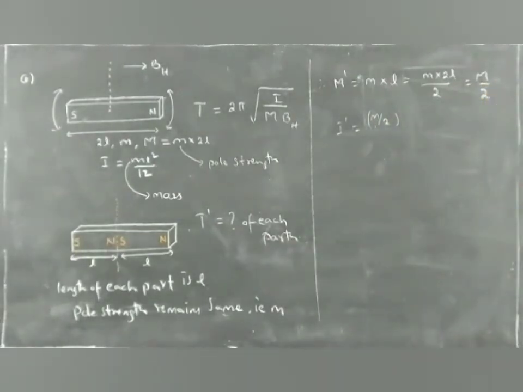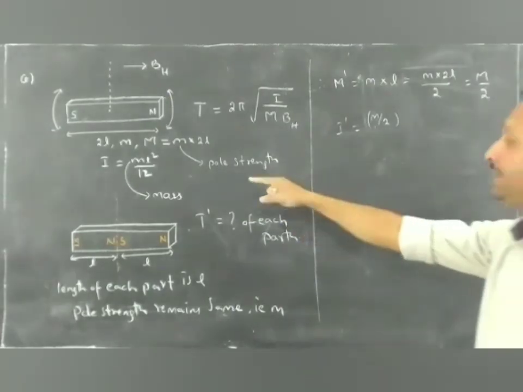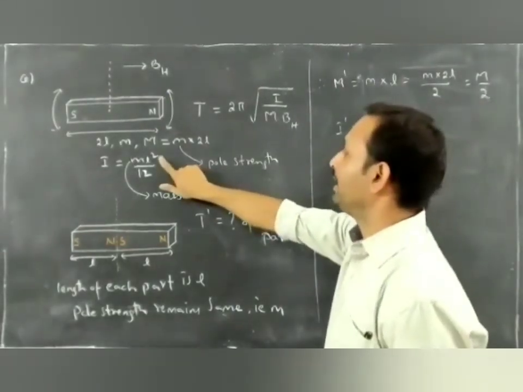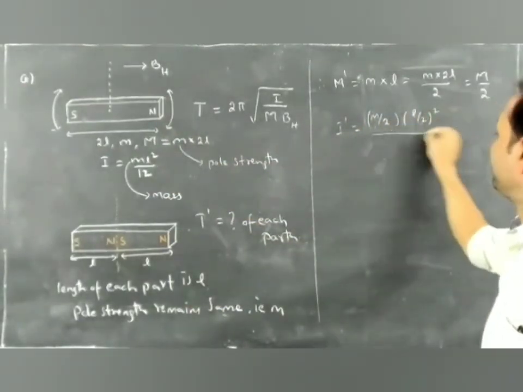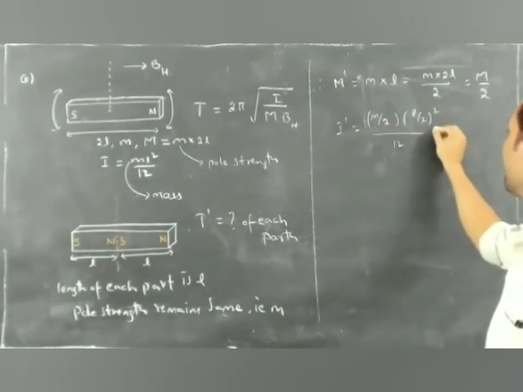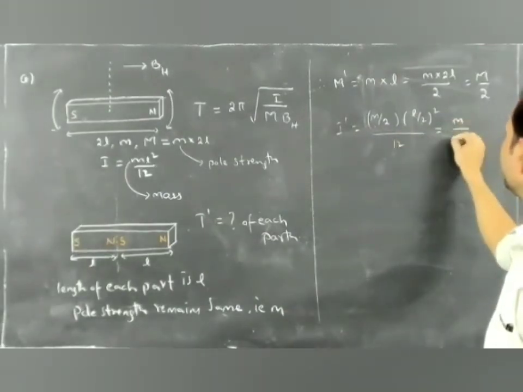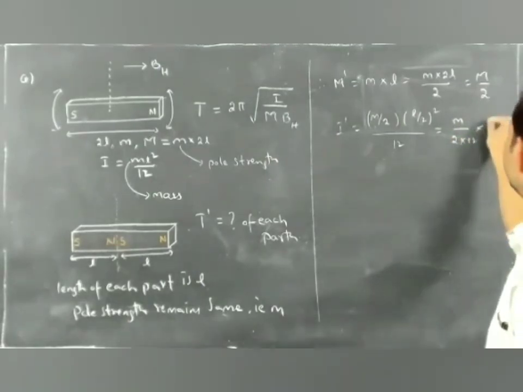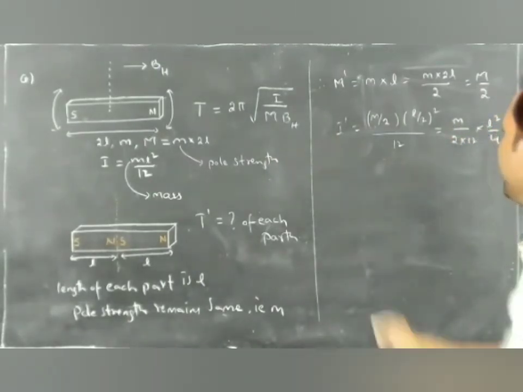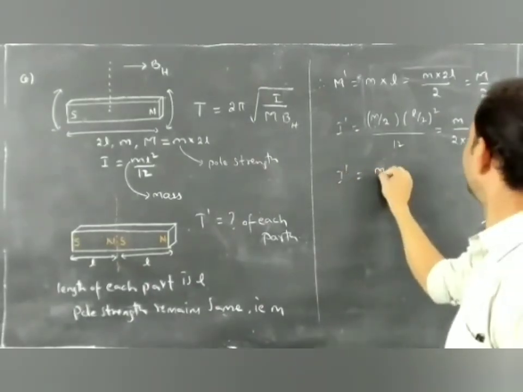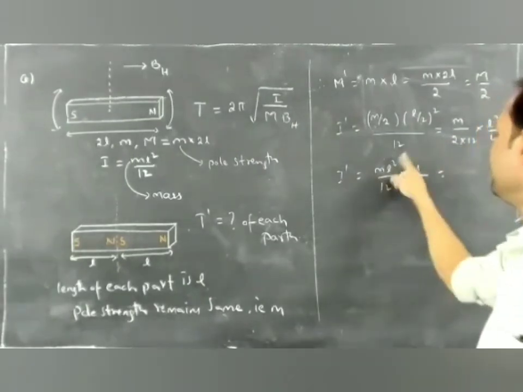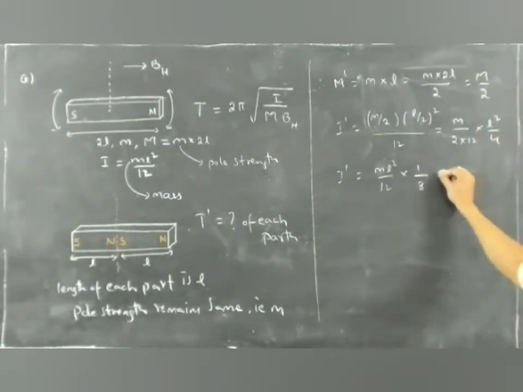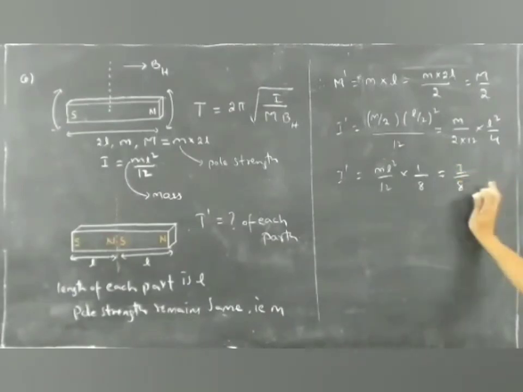Since the length is halved, L indicates the total length of the bar, so it becomes L by 2. So L by 2 whole square by 12. Overall it is written as M by 2 into 12 into L square by 4. Rewriting, I prime is equal to ML square by 12 into 1 by 8. Now ML square by 12 is nothing but I, so I by 8. This is the new moment of inertia of each part.